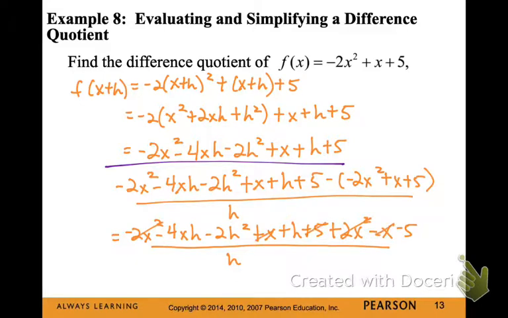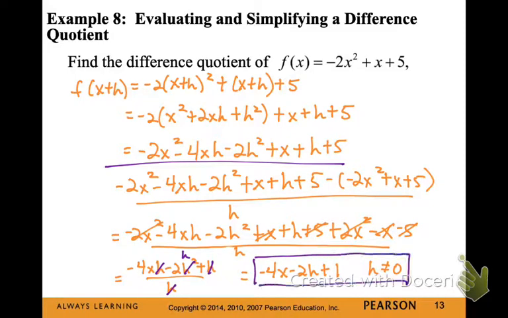I'll combine like terms, and what I have left is negative 4xh minus 2h squared plus h. I notice that I can divide an h out of everything, so I end up with negative 4x minus 2h plus 1. Then I just go ahead and give a domain restriction that h cannot equal 0. That concludes the notes for Chapter 1, Section 3.